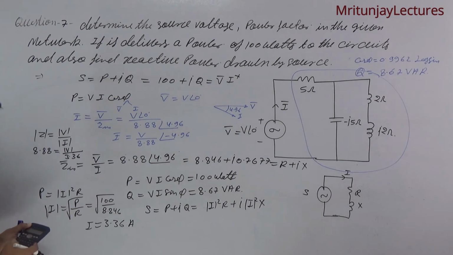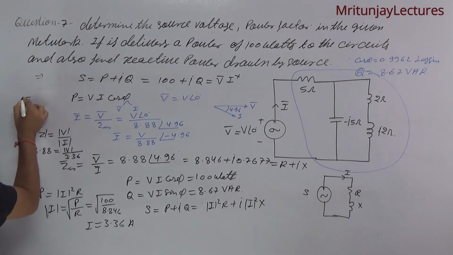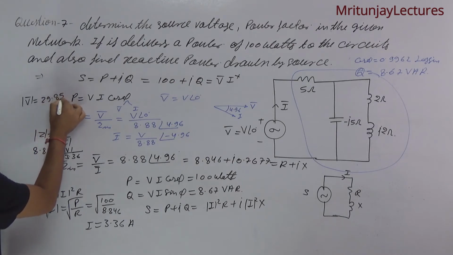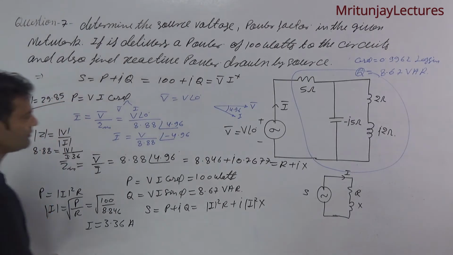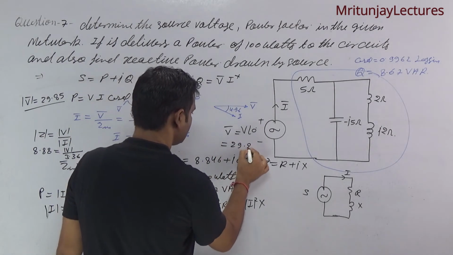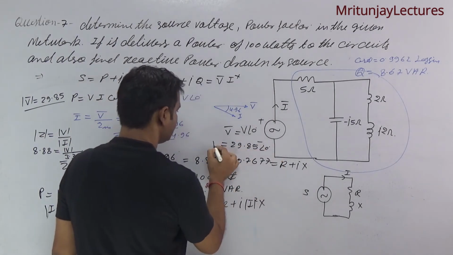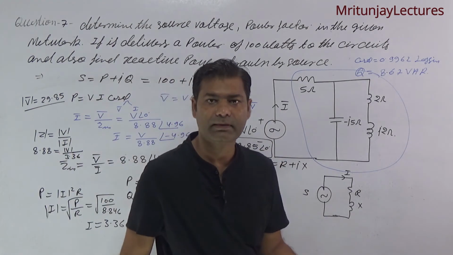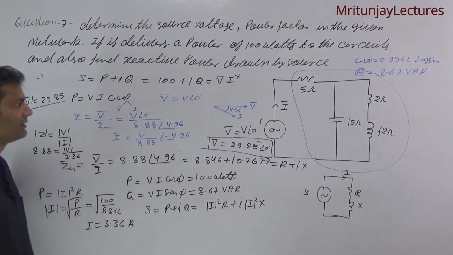So into 8.88, that is 29 point something. So finally we got magnitude 29.85. Okay, so finally V is written as 29.85 at the angle 0, that is V. First of all, make it.